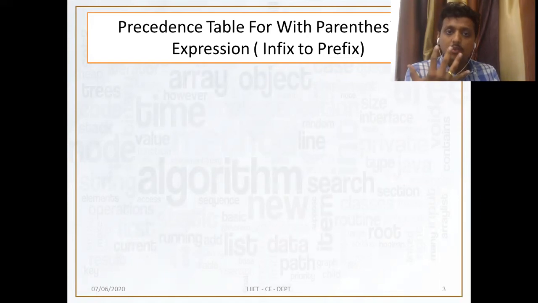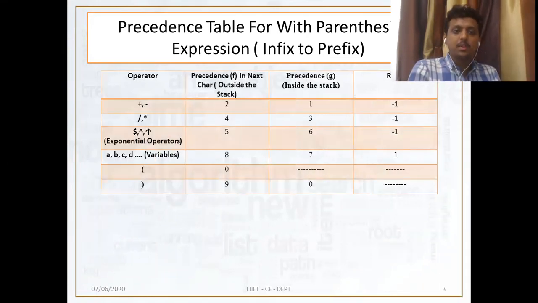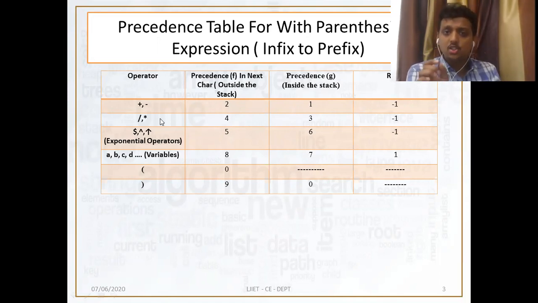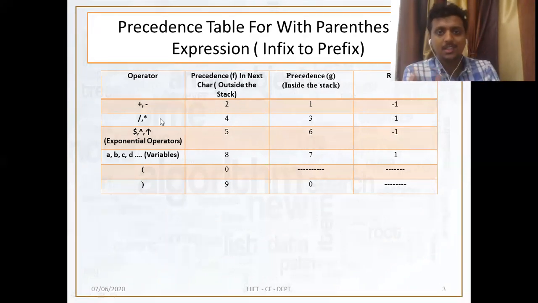So here we have the same 4 columns as before. Students, this table has a little bit of change, so please focus on that. I am comparing both tables, for postfix and prefix conversion.